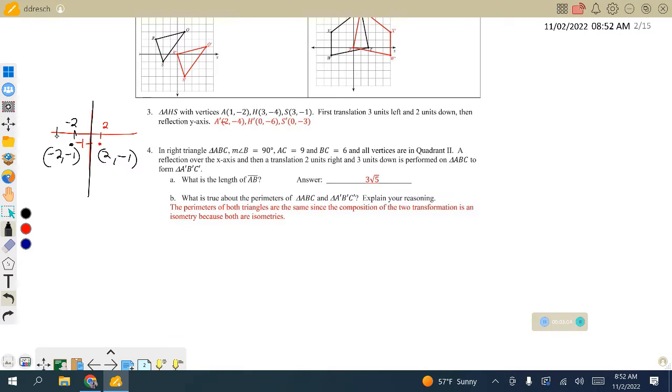If I were to start off over here at, say, -5, 3 and reflect it over the y-axis, the same pattern's going to happen. You're going to change the sign of the x-coordinate, but the y-coordinate's going to stay the same.